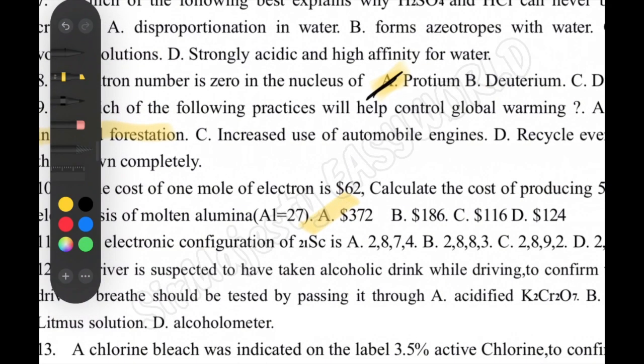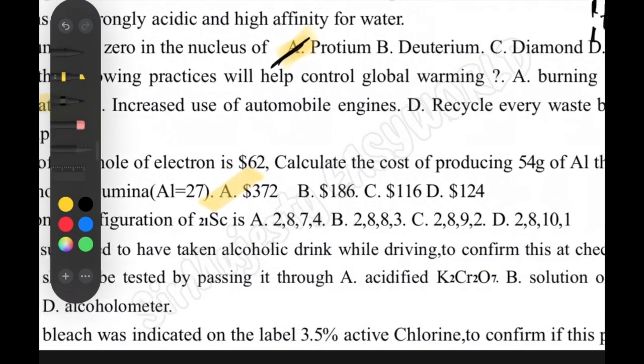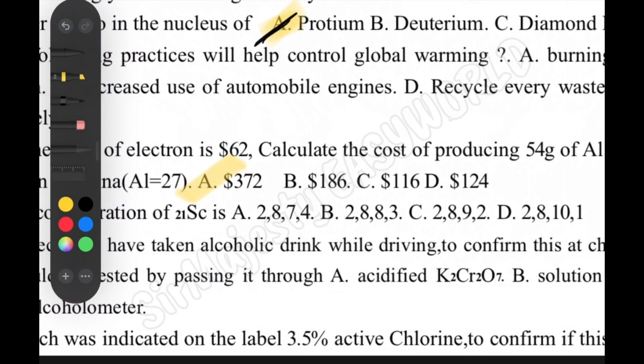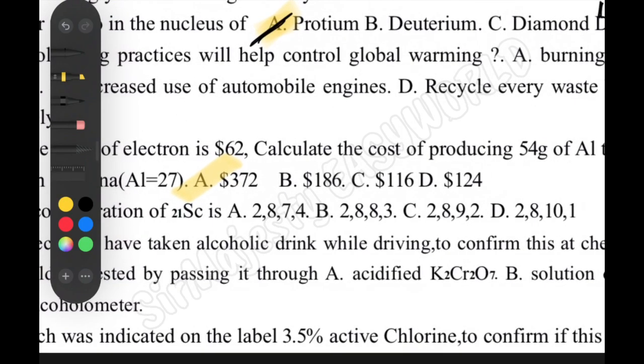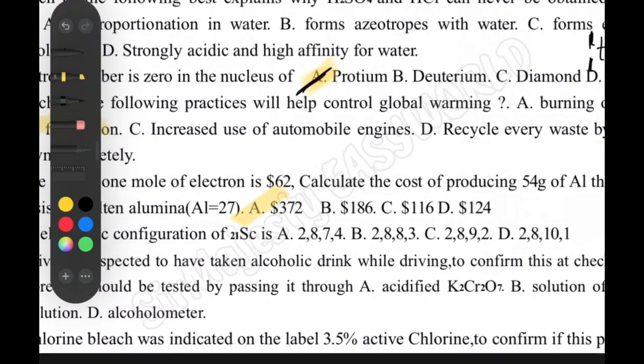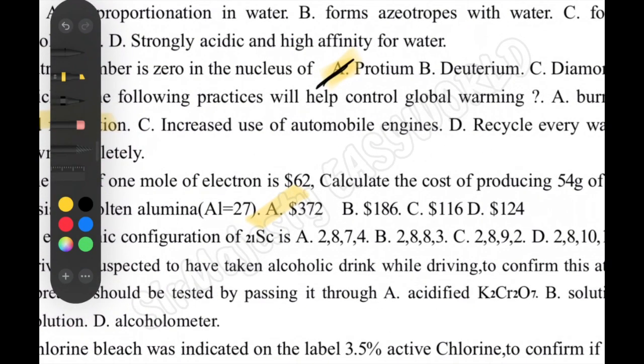The options are arranged in such a manner that they will all give you 21. 2 plus 8 is 10, plus 7, 17, plus 4, 21. B, 2 plus 8, 10, plus 8 will still give you 21. All the options landed in 21. So which one do you think is correct?